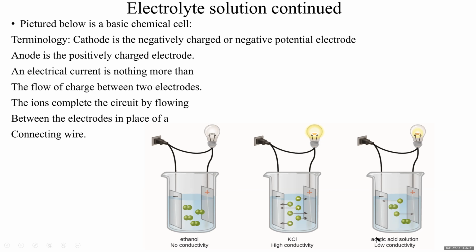Acetic acid, I want you to remember this among other things, but for the remainder of our discussion, I want you to remember that acetic acid, HC2H3O2, is a weak acid, and therefore also a weak electrolyte, or solutions of acetic acid form weak electrolytes.